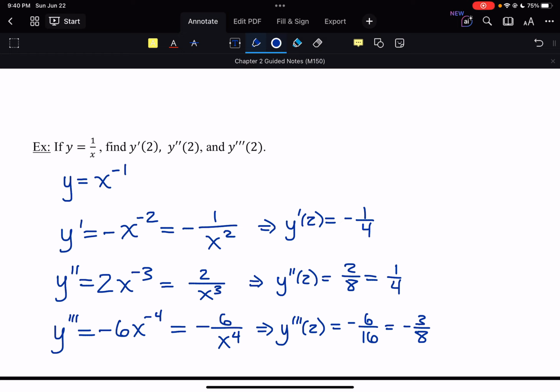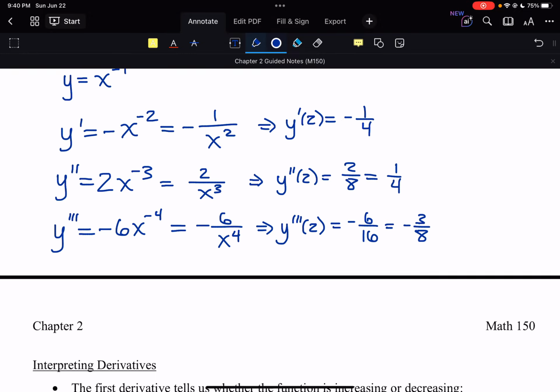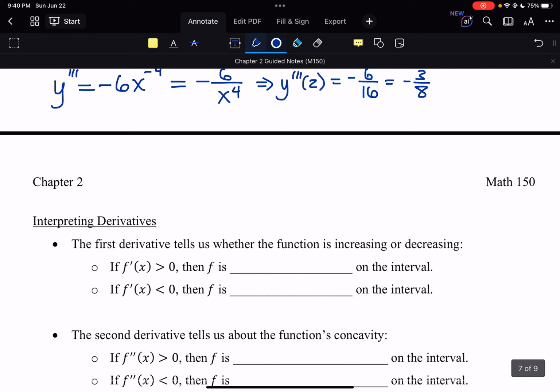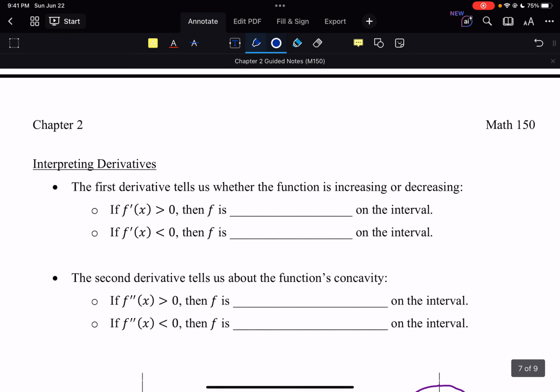Now, when it comes to working with not only first derivatives, but second derivatives as well, working with these higher derivatives, we want to be able to understand and recognize what these derivatives tell us about a function and about its graph. So the first derivative gives us slope.